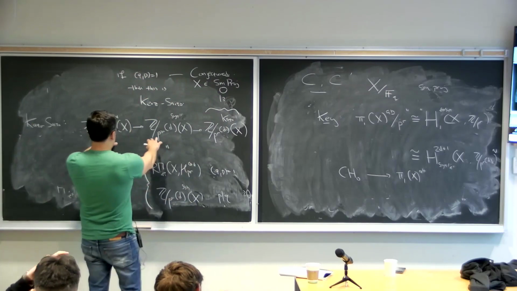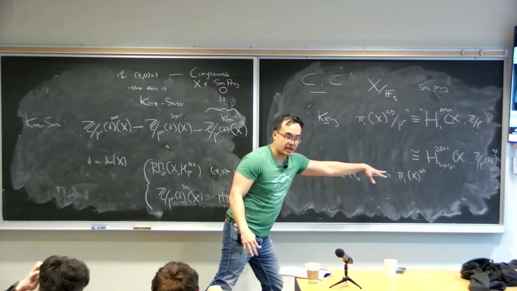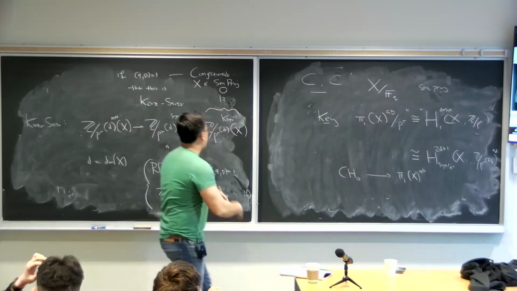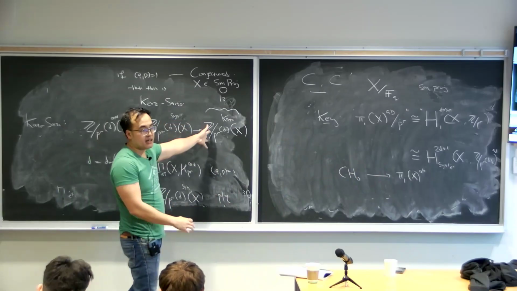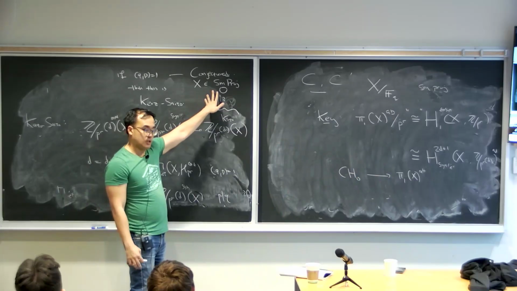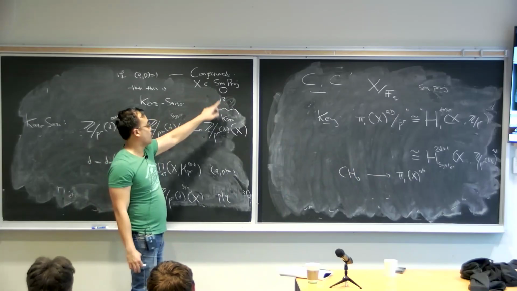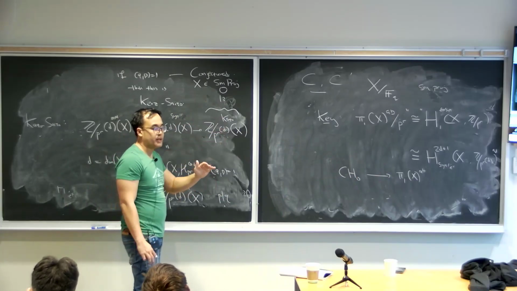Kato-Saito proves that this is an isomorphism at the very top degree, recovering Chow groups versus pi_1 abelianized. But in fact, this whole complex should just die at weight D when X is smooth projective. Yes, every degree at the weight D.